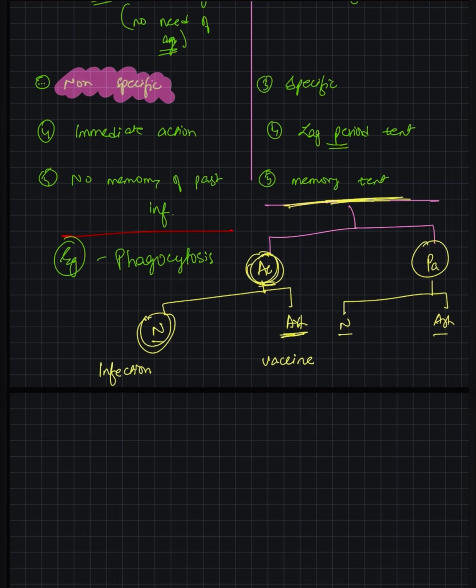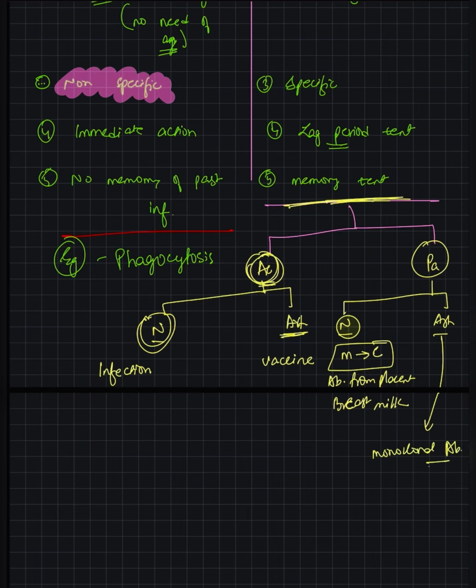In case of passive natural, it can be mother to child, such as antibodies passing from placenta, or we can say it can be via breast milk. Now, artificial passive acquired immunity, it is monoclonal antibodies. There are many types of monoclonal antibodies such as rabies immunoglobulin, tetanus immunoglobulin, etc.